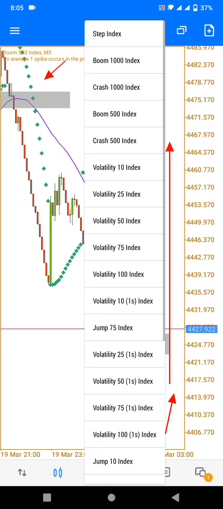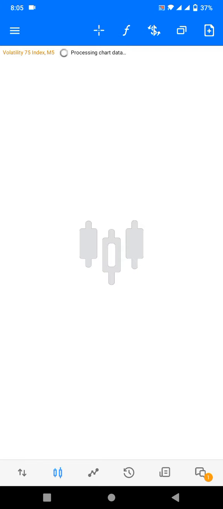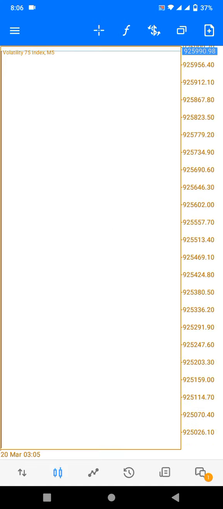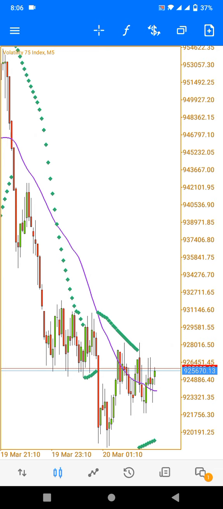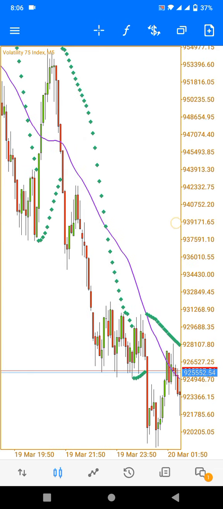So now let's move on to another index. It's the popular Volatility 75 index. You guys love this index, I know. And I'll show how the strategy is going to help you scalp the Volatility 75 index.